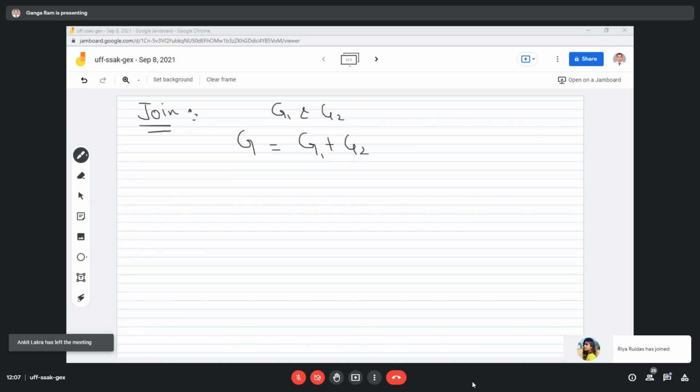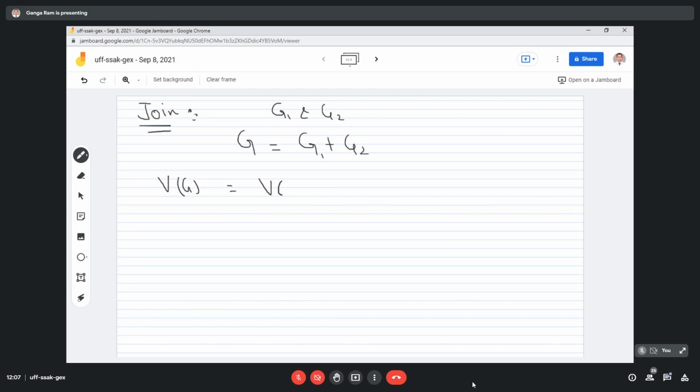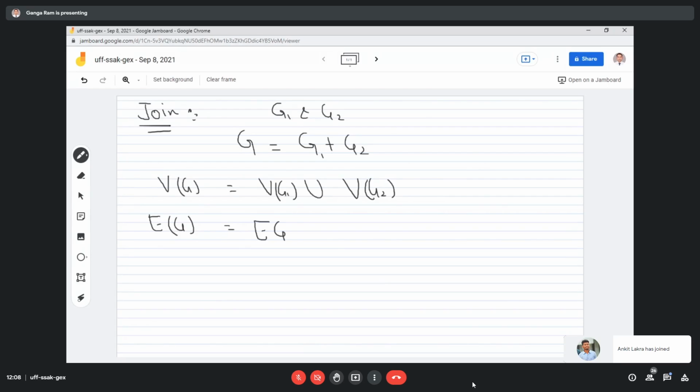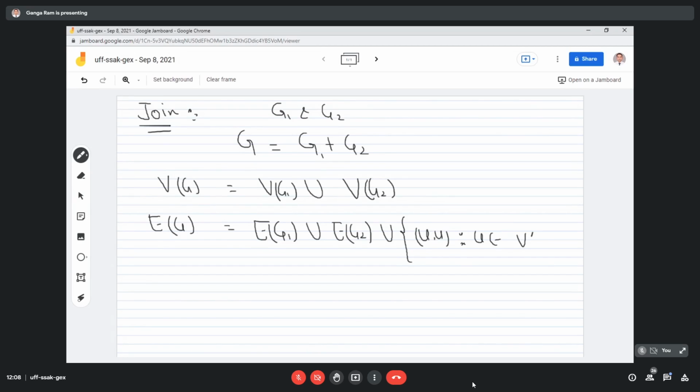whose vertex set of G will be the union of the vertex set of G1 and the vertex set of G2, and the edge set of G will be the union of the edge set of G1, the edge set of G2, and those edges of vertices such that u belongs to VG1 and v belongs to VG2.